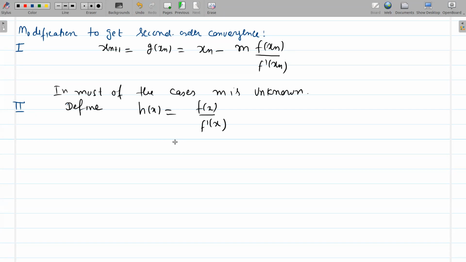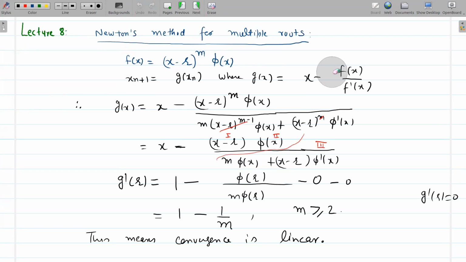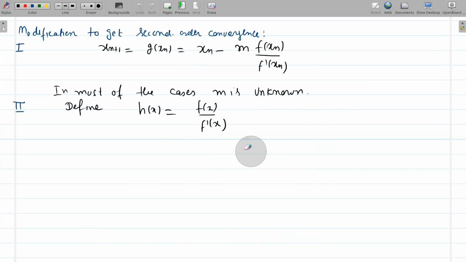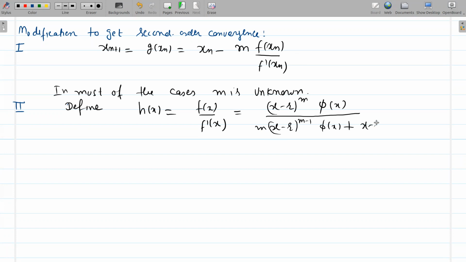Okay, you can write, and h(x) is this one, f by f dash; we have simplified it here. So what is h(x)? f by f dash. Substitute the value, though we have already done it before. f(x) = (x minus r) power m phi of x, then the derivative is m (x minus r) power m minus 1 phi of x plus (x minus r) power m phi dash x, and you can cancel (x minus r) power m minus 1, so you get (x minus r) phi x.